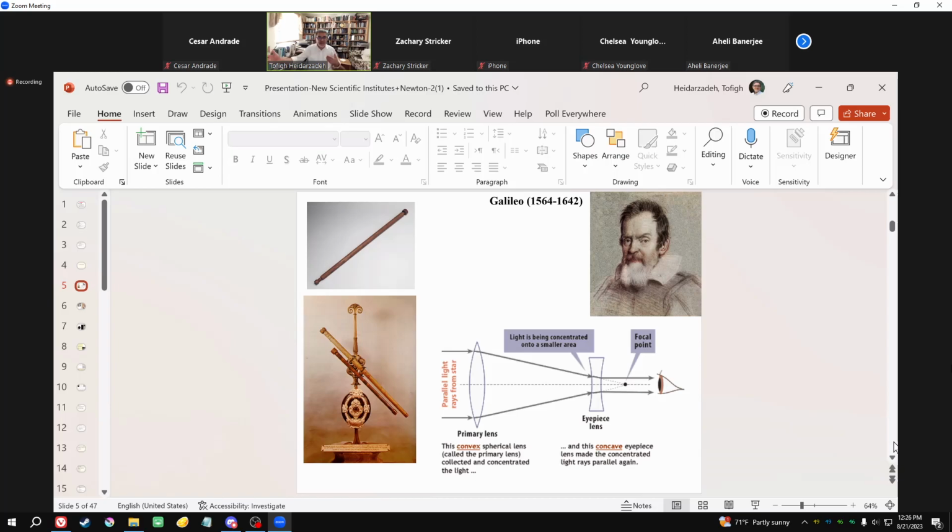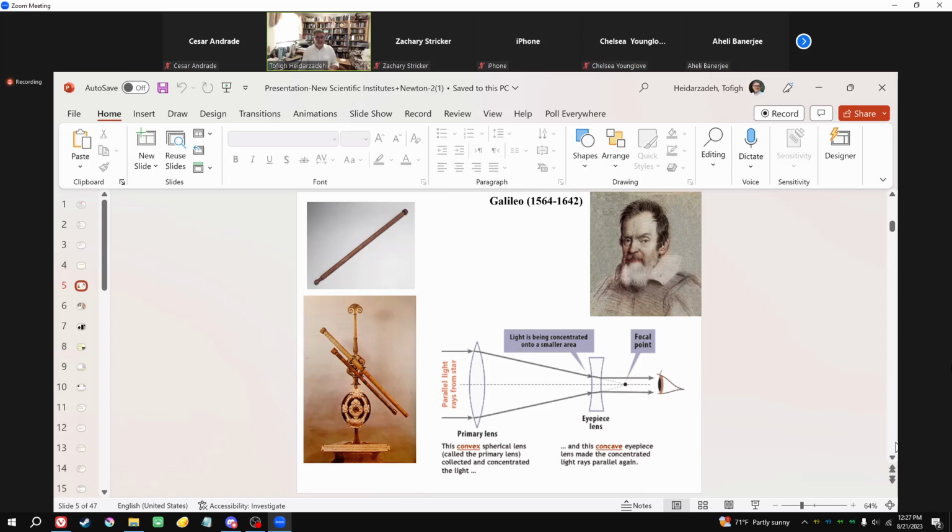Like universities right now, that they support professors to, okay, teach one course, but at the same time do a lot of research. I'm paying for your research. The same thing happened in these courts, and Galileo was able to improve his knowledge in making telescopes.